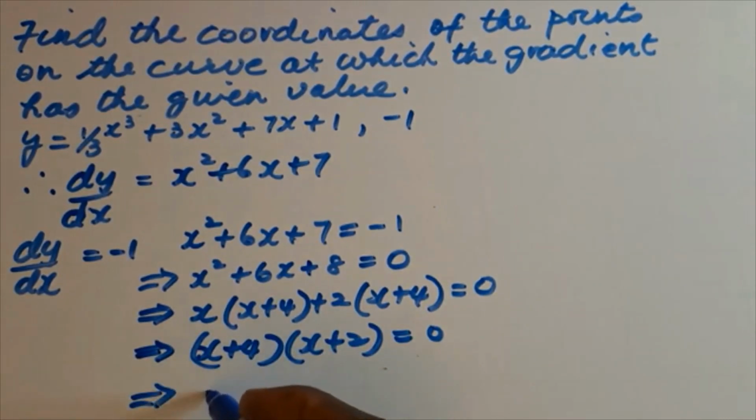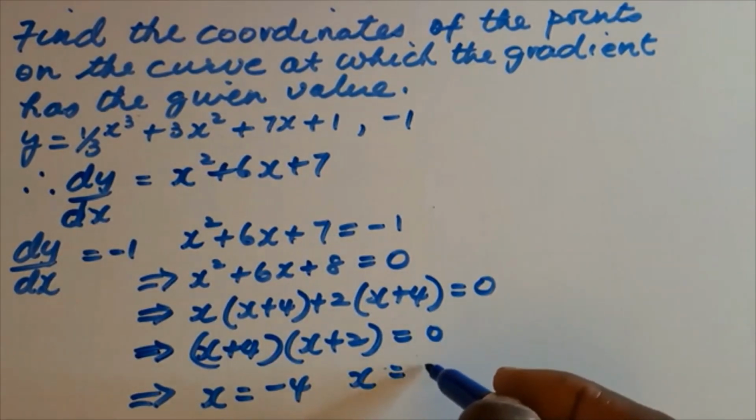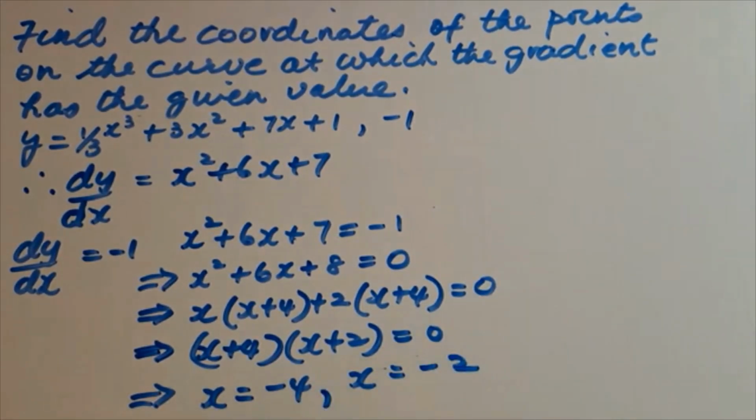So our solutions: x is equal to -4, and x is equal to -2. We have two values of x.